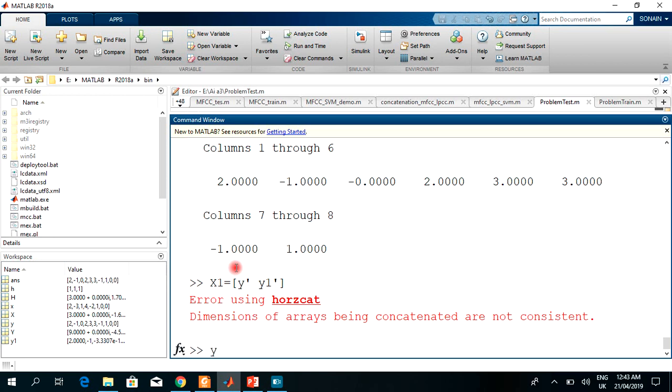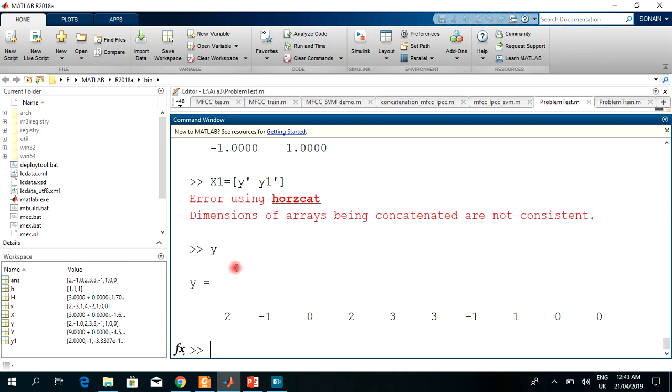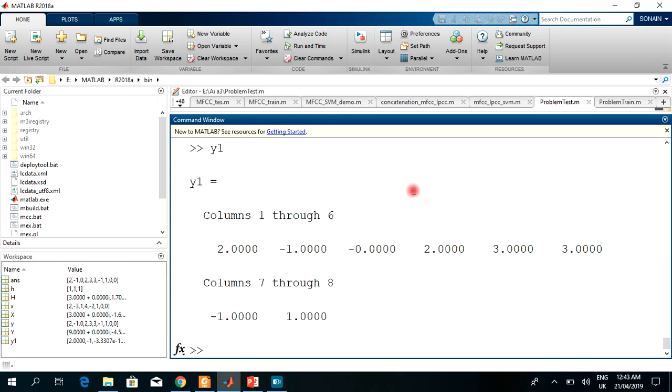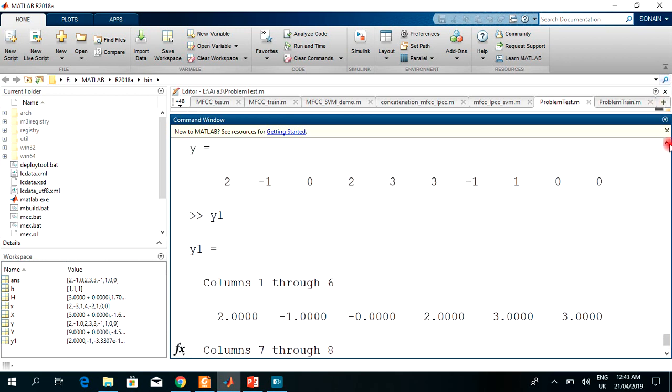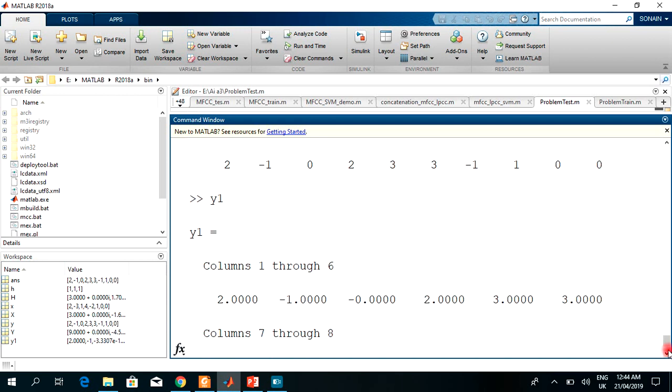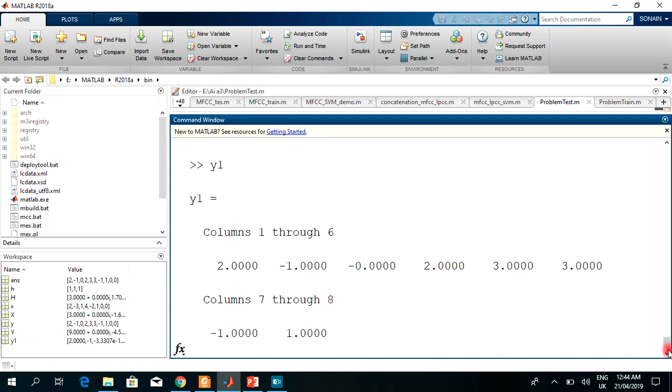If I want to show you, this is y and this is y1, as you can see that these are similar: 2, minus 1, 0, 2, 3, 3, minus 1, 1, minus 1, 1.